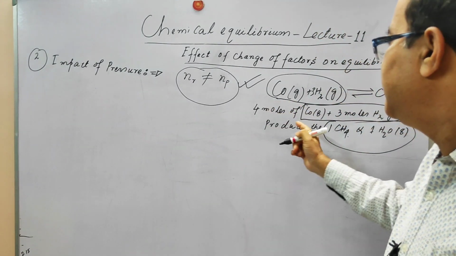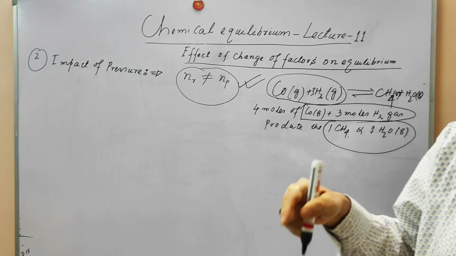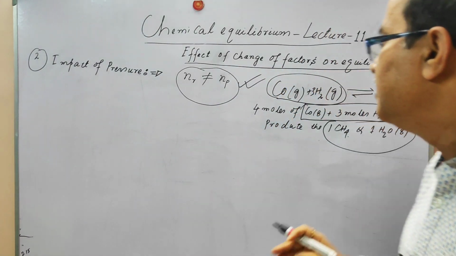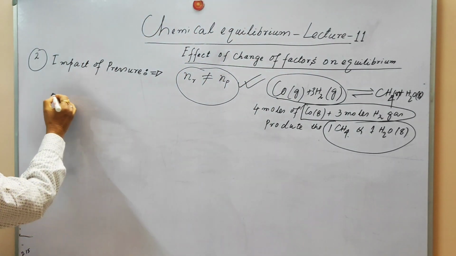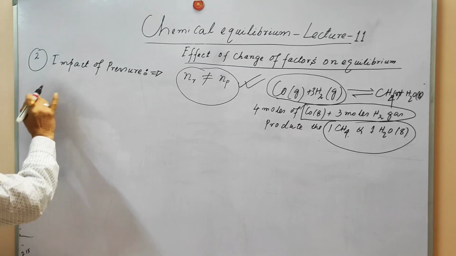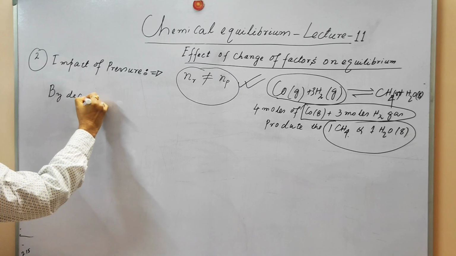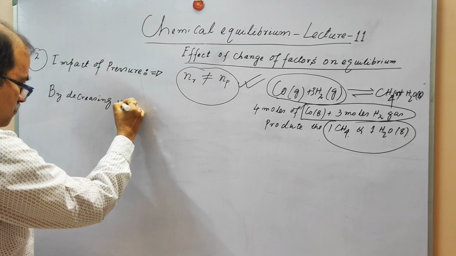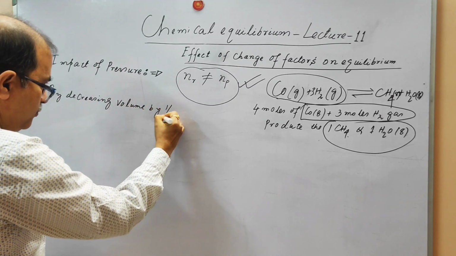So the total number of moles of reactants and the total number of moles of product is different. In that case, suppose the pressure has been increased. How do we increase the pressure? By decreasing the volume of the vessel, to 1/2 of the original volume.